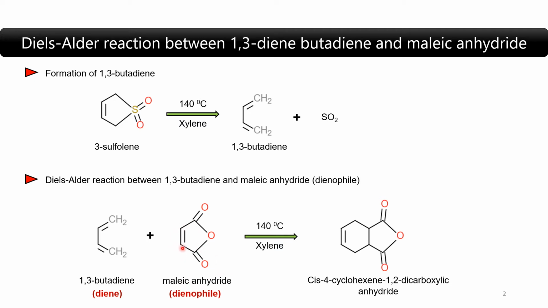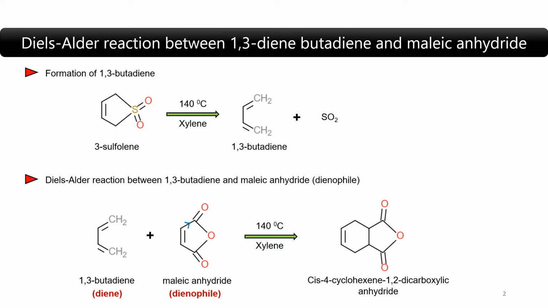Here's the alkene group in the dienophile, and it's in close proximity to two electron withdrawing groups. Oxygen is very electronegative, so it pulls away the electrons it's sharing with the alkene group.